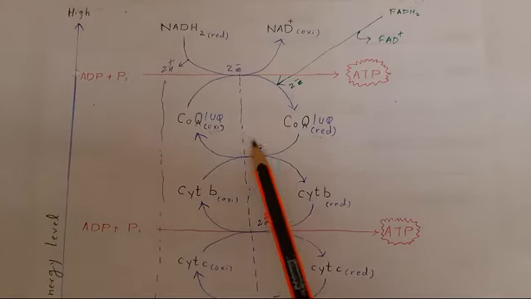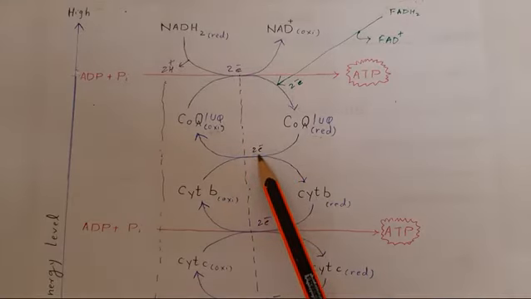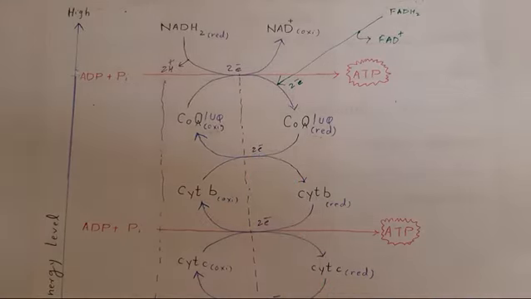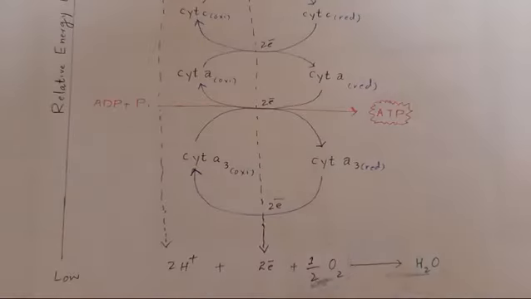Electrons are passed along a series of carriers as they lose energy. Some of this energy is used in the synthesis of ATP from ADP and inorganic phosphate. At the end, oxygen accepts electrons and hydrogen ions to form water, this green one, right?